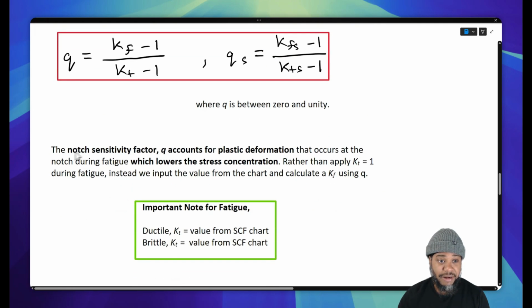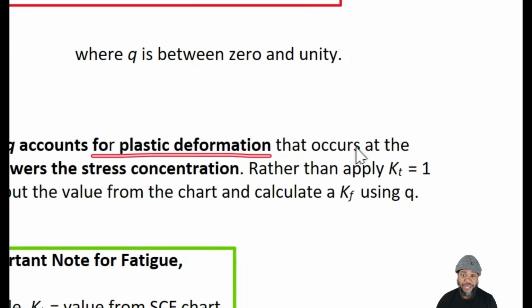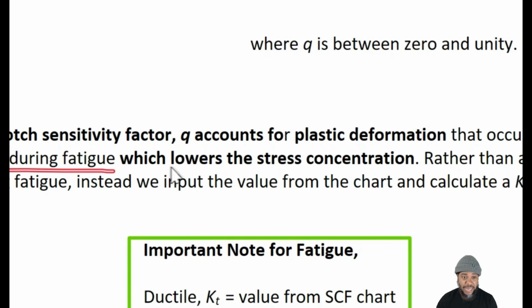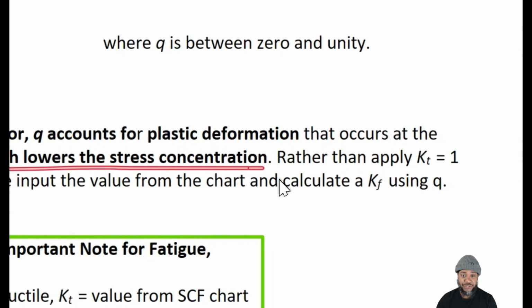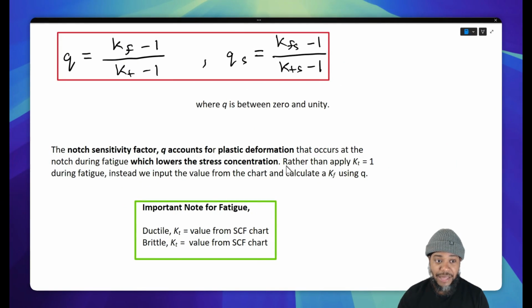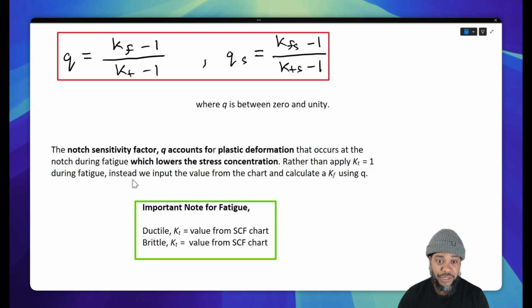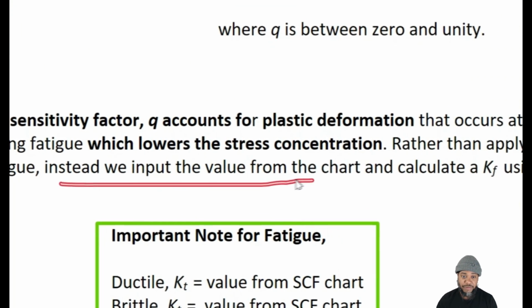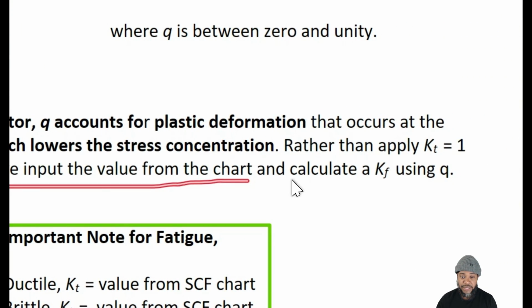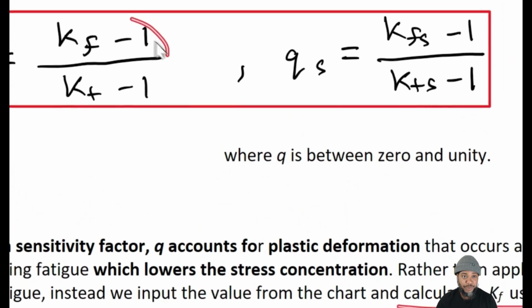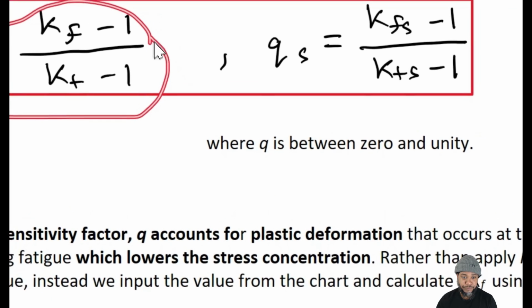Now, that notch sensitivity factor q accounts for that plastic deformation that occurs at the notch during fatigue, which acts to lower the stress concentration. So rather than applying just the Kt equal to 1 during fatigue, instead we'll input the value from the Kt chart and then calculate Kf using the q equation.